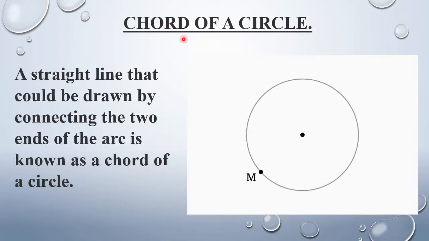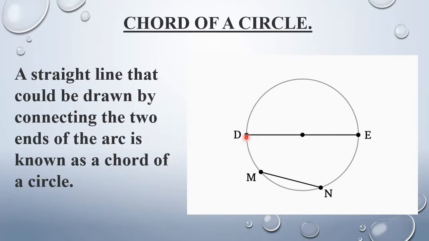Next is chord of a circle. A straight line that could be drawn by connecting the two ends of an arc is known as a chord of a circle. Here in this diagram you can see chord MN is given and chord DE is given.